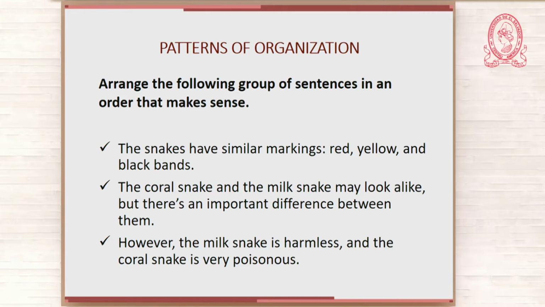The first sentence of this paragraph is the general one, the one with the main idea. The coral snake and the milk snake may look alike, but there is an important difference between them.